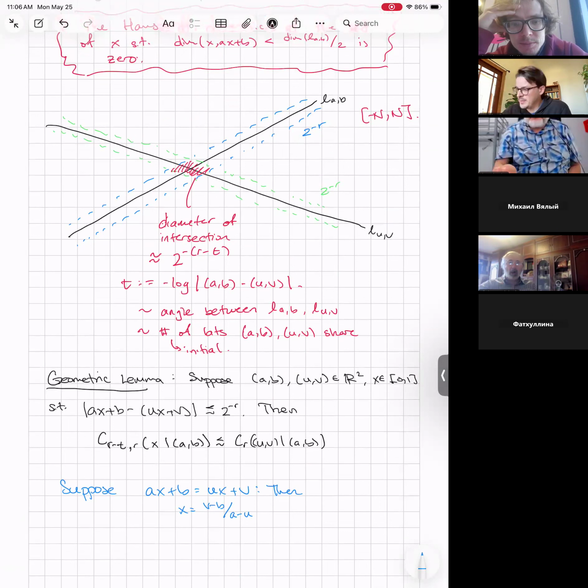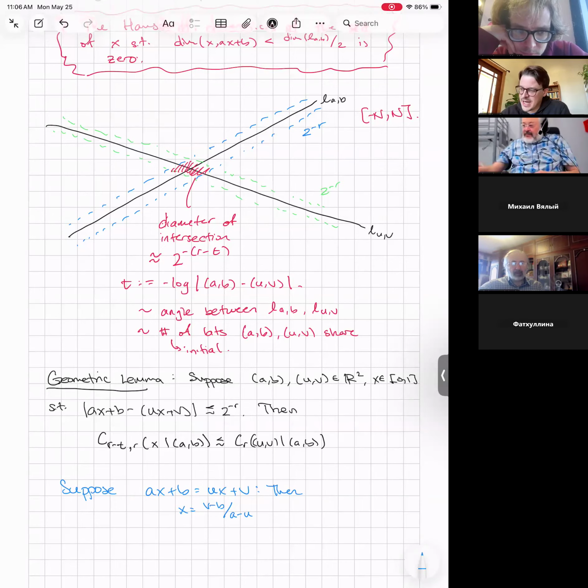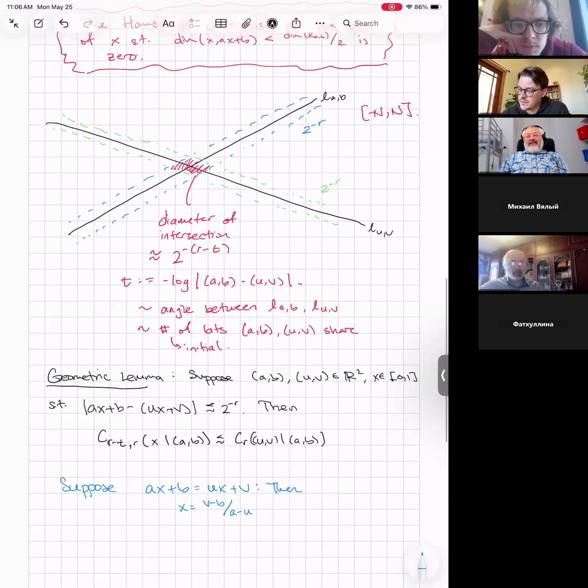The geometrical statement is that if I have two strips, the diameter of the intersection of the strips is completely determined by the angle between the two lines, and it has a very nice form: the diameter of the intersection is, up to some multiplicative constant, 2 to the negative r minus t, where t is the angle between the two strips.